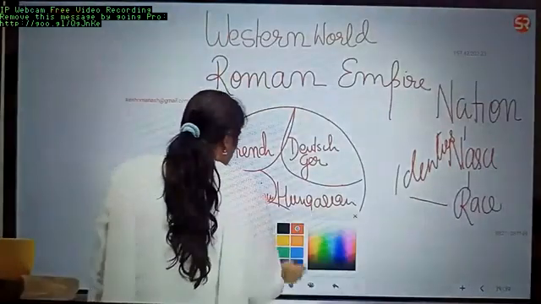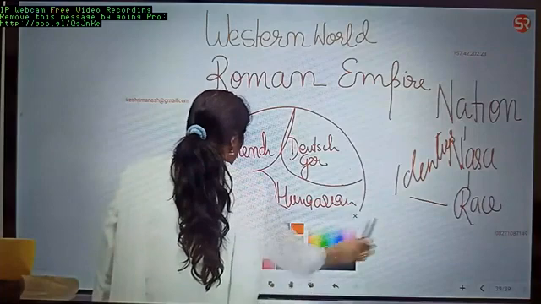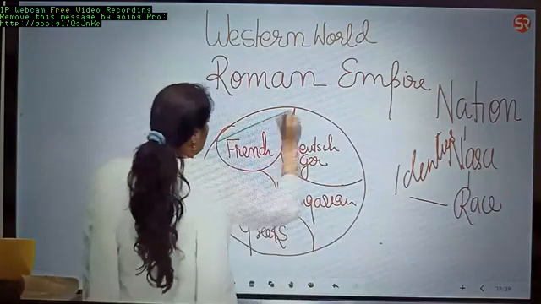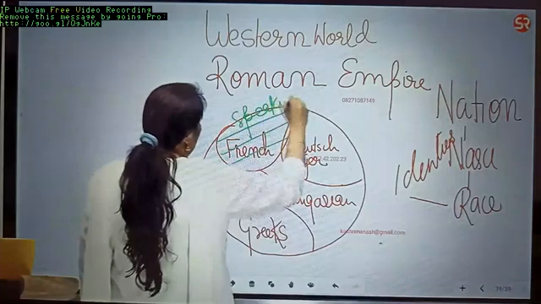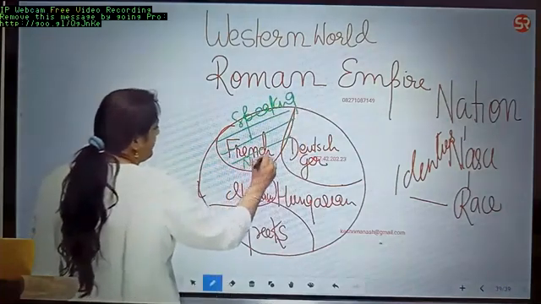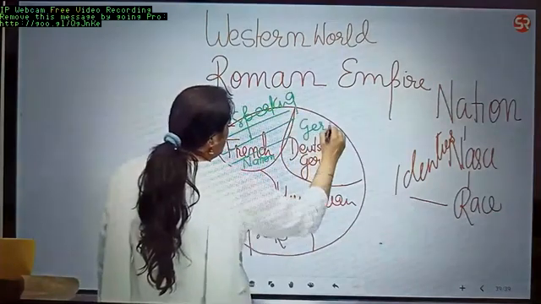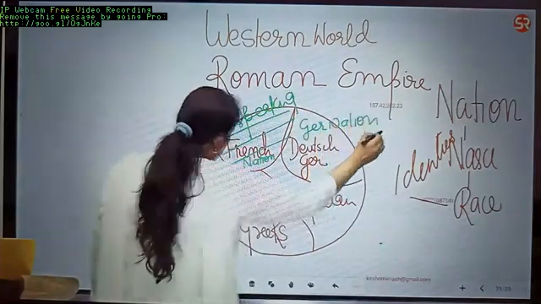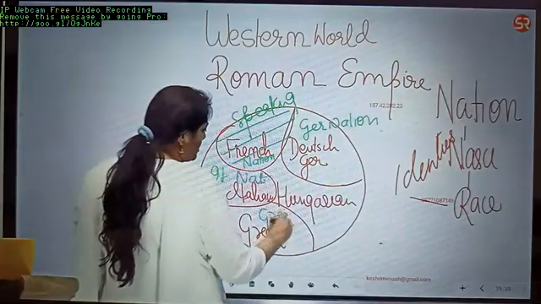So we can call this group of French speaking people the French nation. This, the German nation, Italian nation, Greek nation.